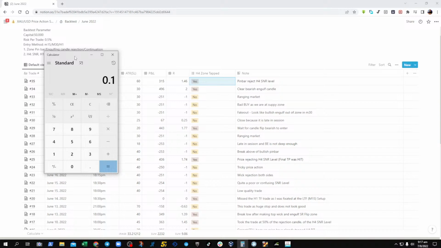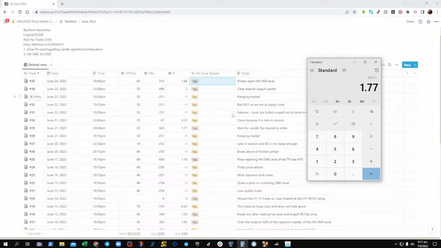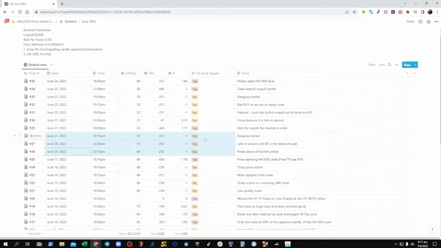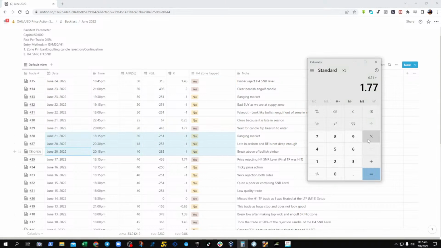So 1.46 plus 2 minus 3 plus 0.25 plus 1.77, and then this 3 minus 3 minus 3. So wow, it's still a losing week, because there's too much loss at the beginning of the week.